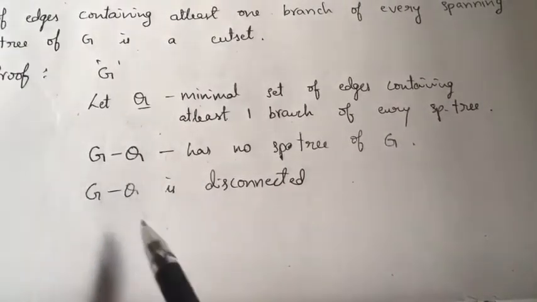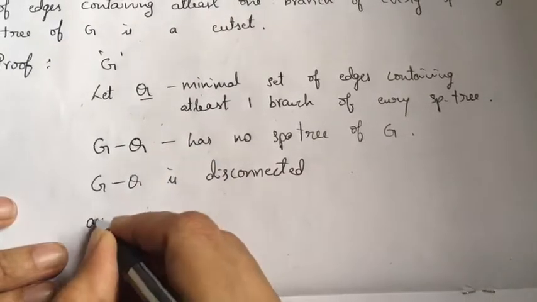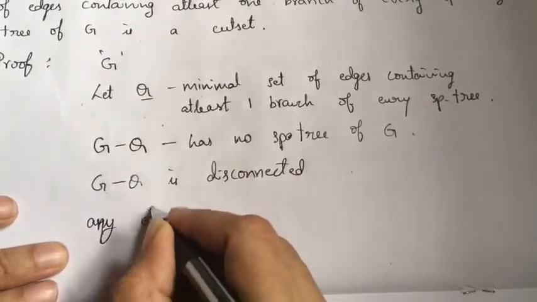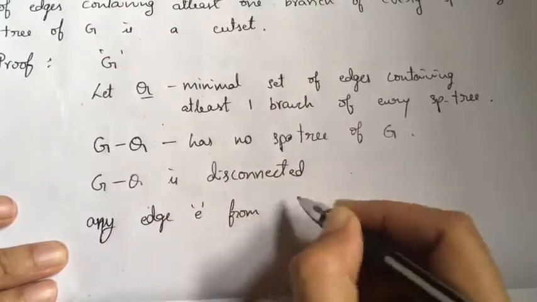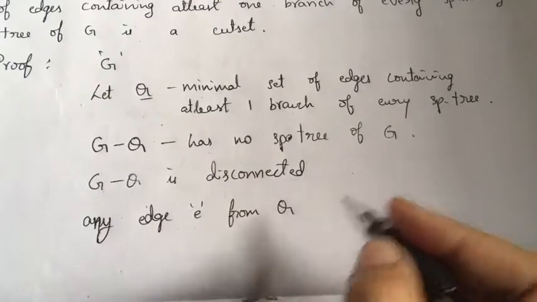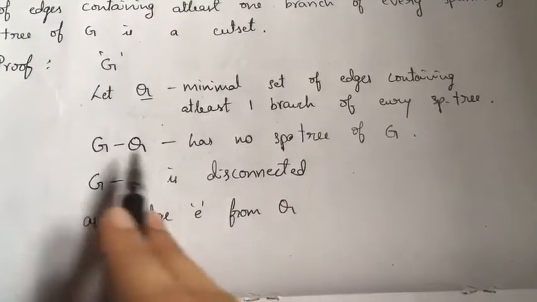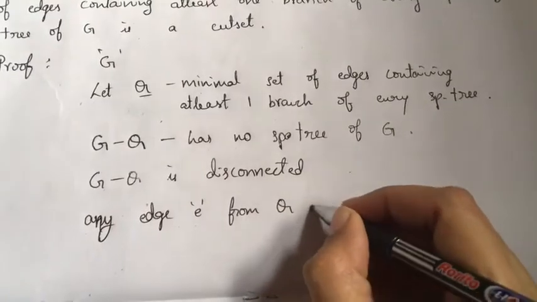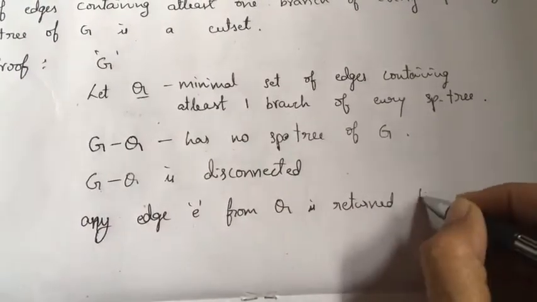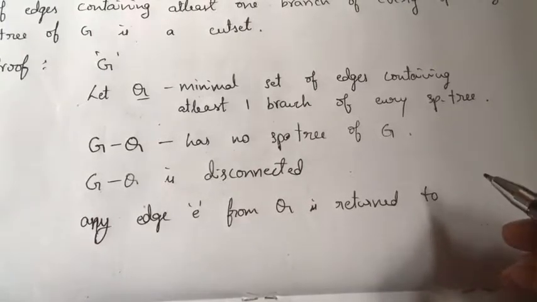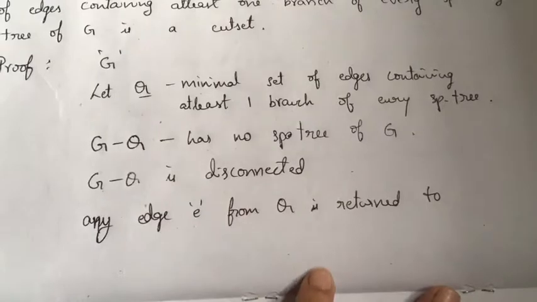So, if I take any edge E from Q and return it to G minus Q, it will create at least one spanning tree.